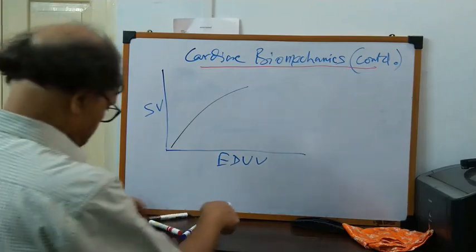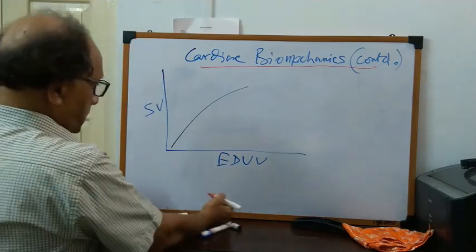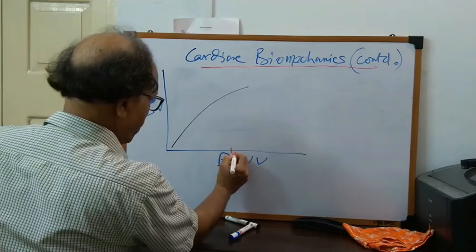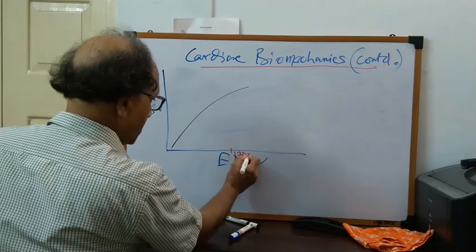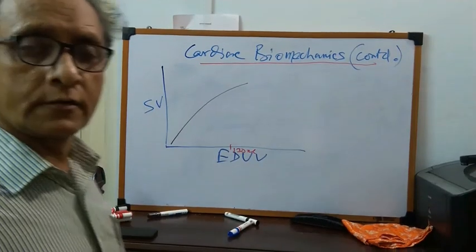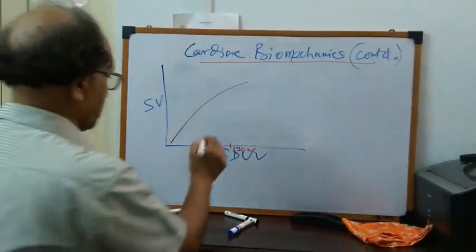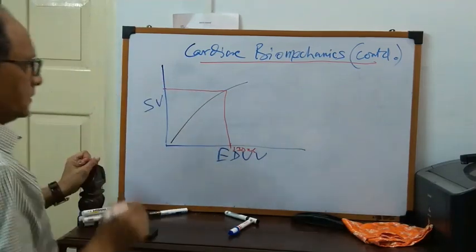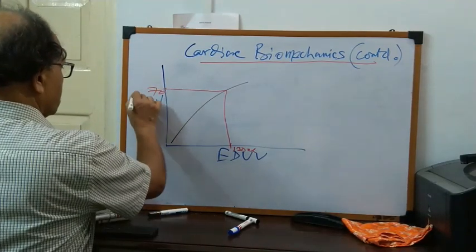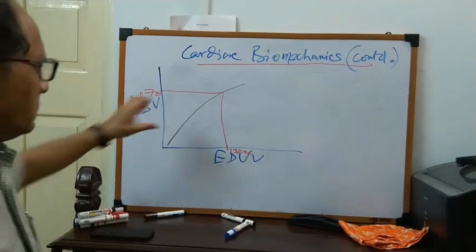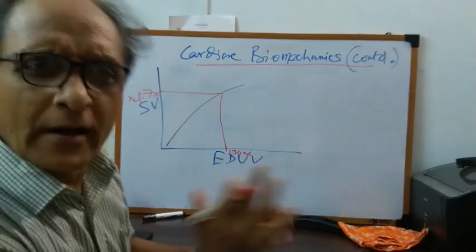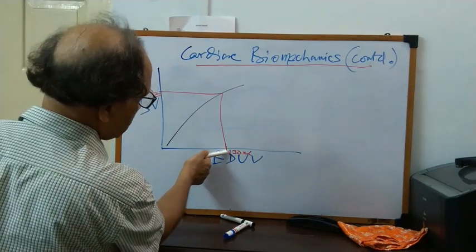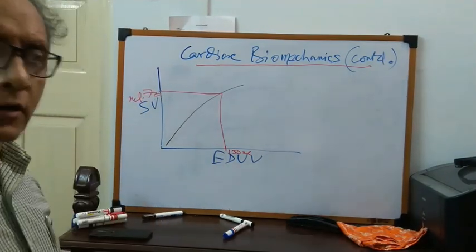Now suppose in a particular situation, the end diastolic ventricular volume is 130 ml. And what will be the stroke volume? Say it is around 70 ml. My drawing is not good, scaling is not good, but whatever. So a particular end diastolic volume will determine the particular stroke volume.